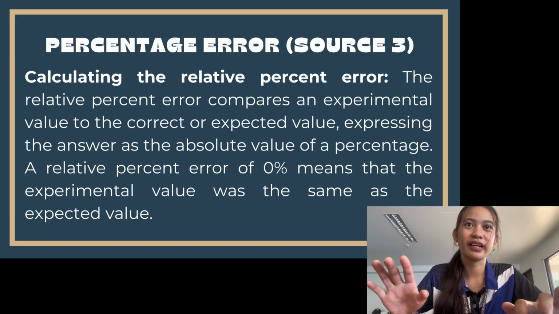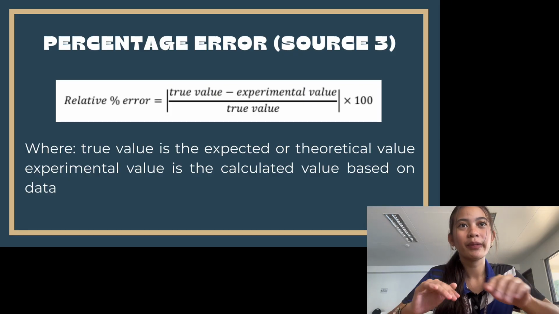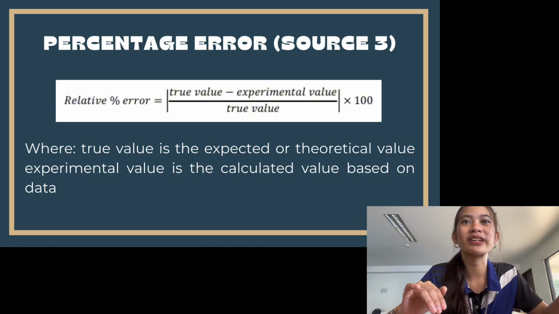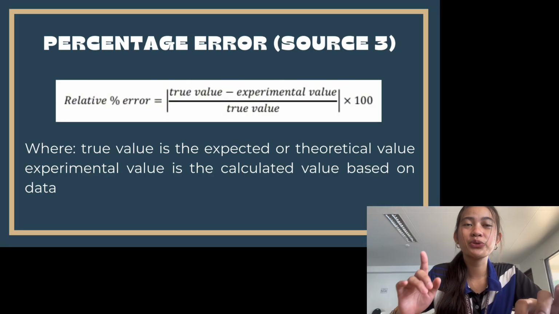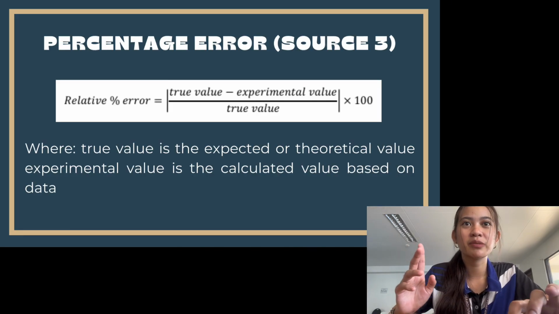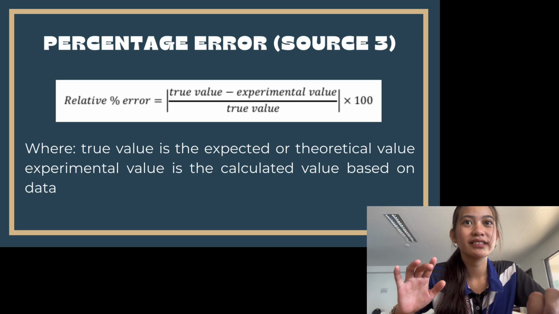Here is the formula: relative percent error equals true value minus experimental value, divided by true value, times 100. That's how you get it. The true value is the expected or theoretical value, and the experimental value is the calculated value based on the data.